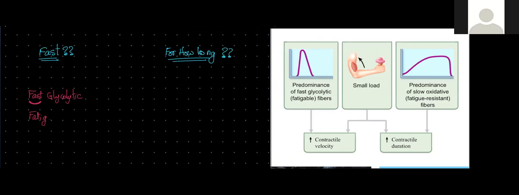So like your fingers, can you flex and extend your finger faster? Or can you flex and extend your spine faster? Which one is going to be faster? Flexion and extension of your finger, or flexion and extension of your spine?